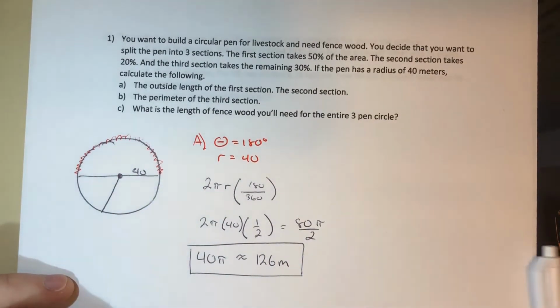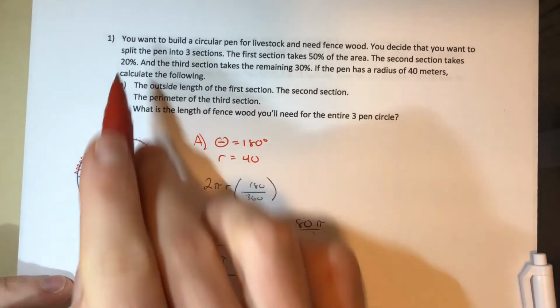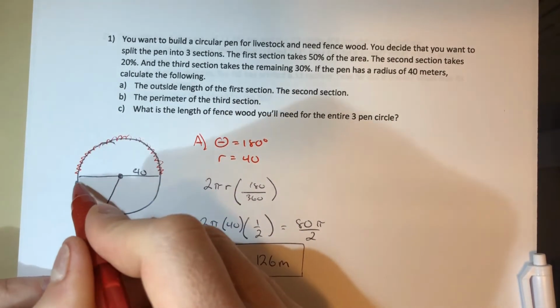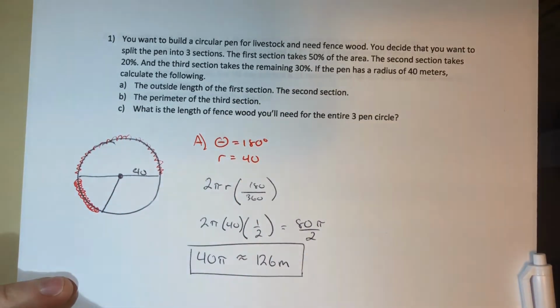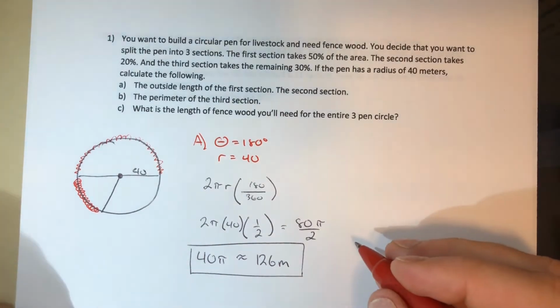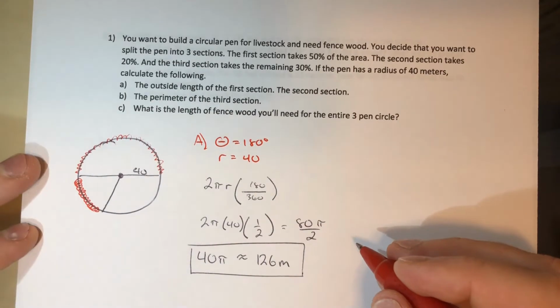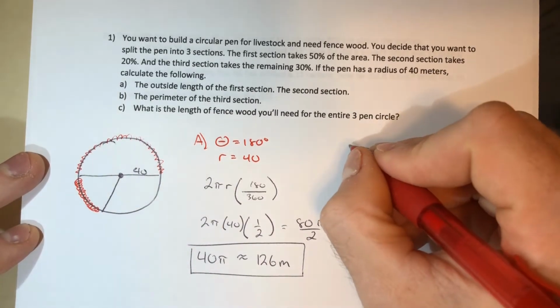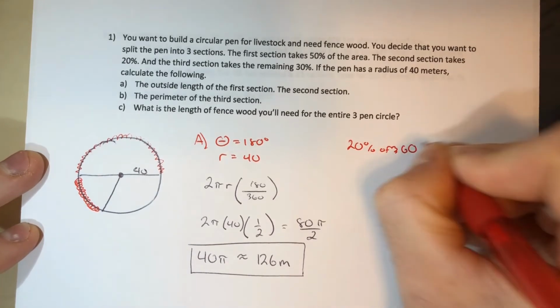The outside length of the second section, let's take a look, was the 20% one. So it's going to be this one right here. We want to find that length. Now this one I'm going to need to do a little bit of an extra step. Instead of half of a circle, I'm looking for 20% of a circle. So I'm going to have to figure out what 20% of 360 is.